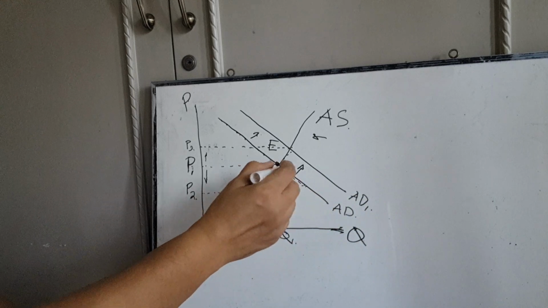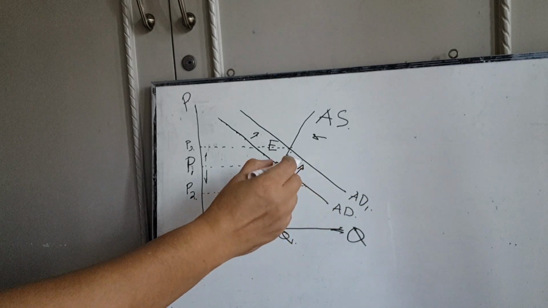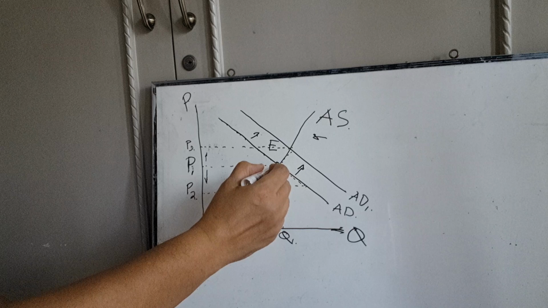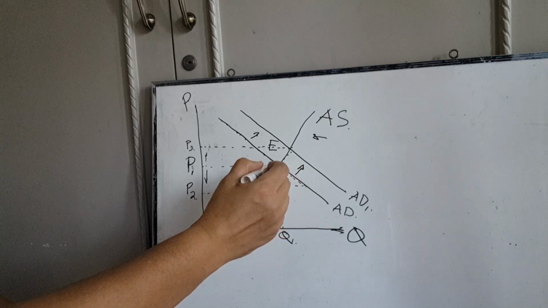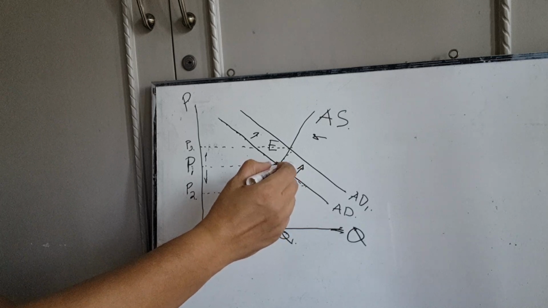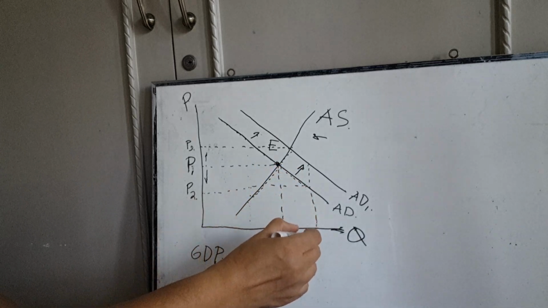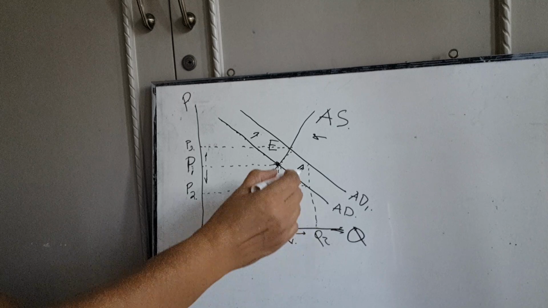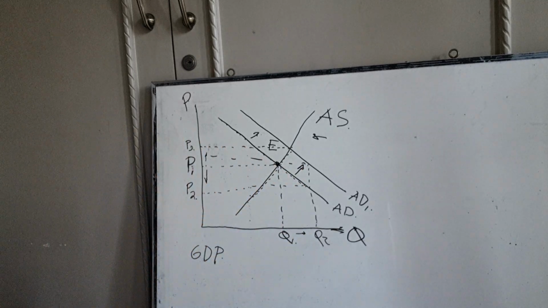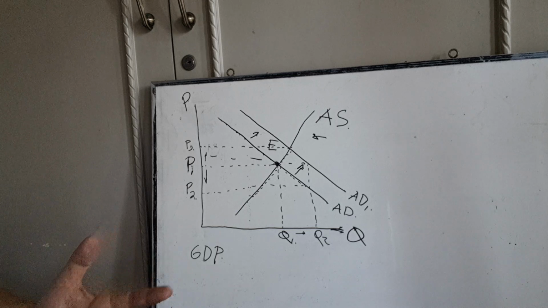So when this one shifts, let's say the price stays the same, but the output will increase. That's when it shifts to the right. That's usually if someone's income increases significantly, they will shift the aggregate demand to the right.